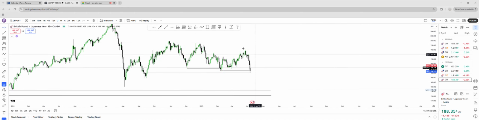So now, if this is the last pullback before we had this break of structure, we expect a pullback, right? And if this pullback now breaks this structure, what happened? Break of structure. That means market is now aligning with our higher time frame structure. Okay.